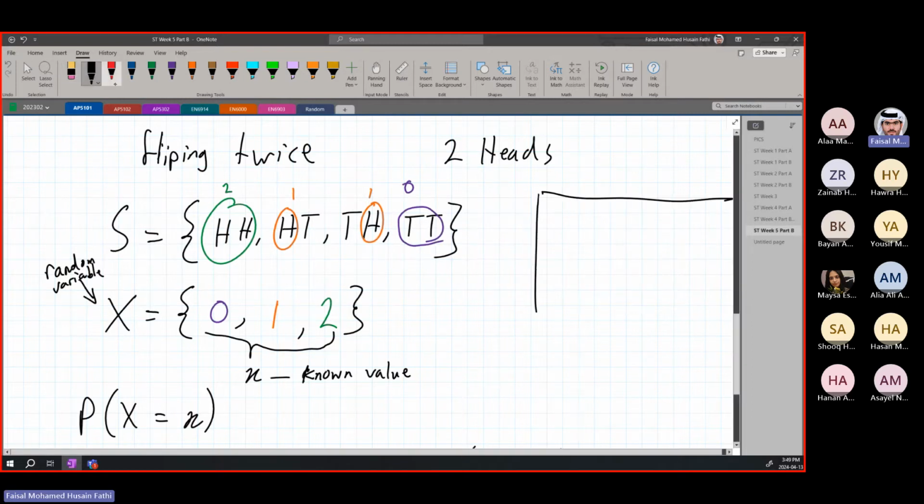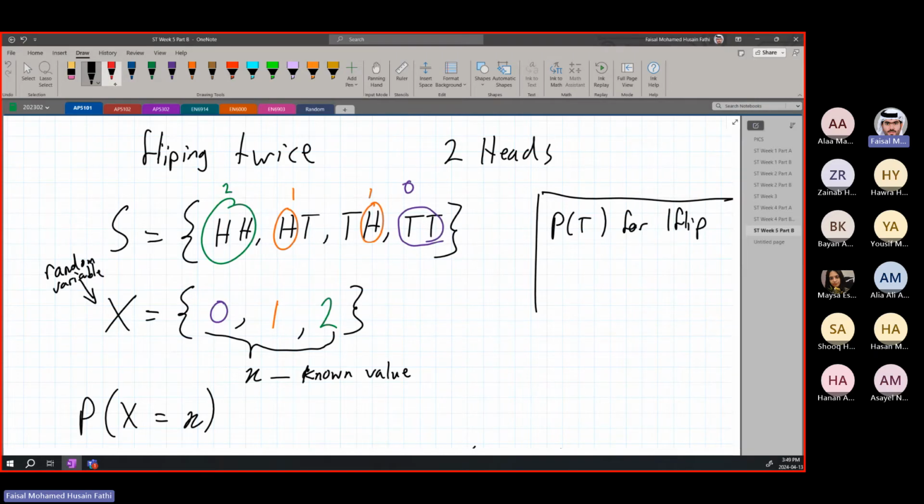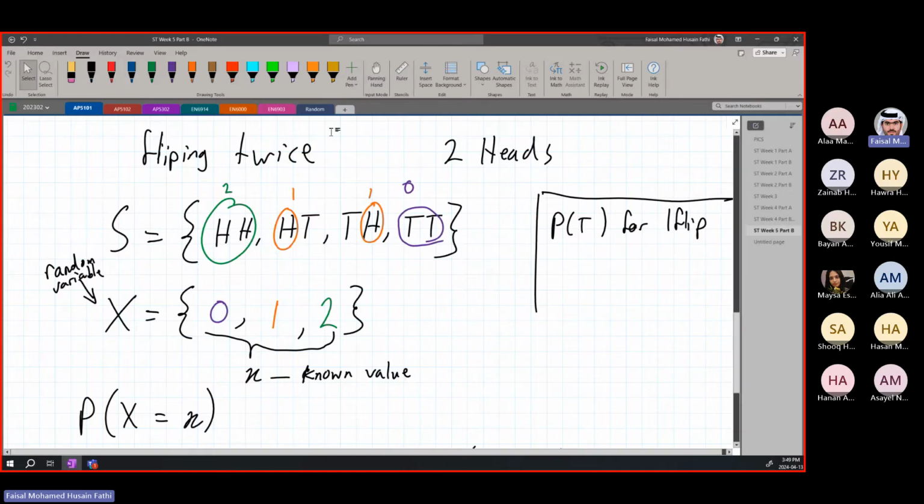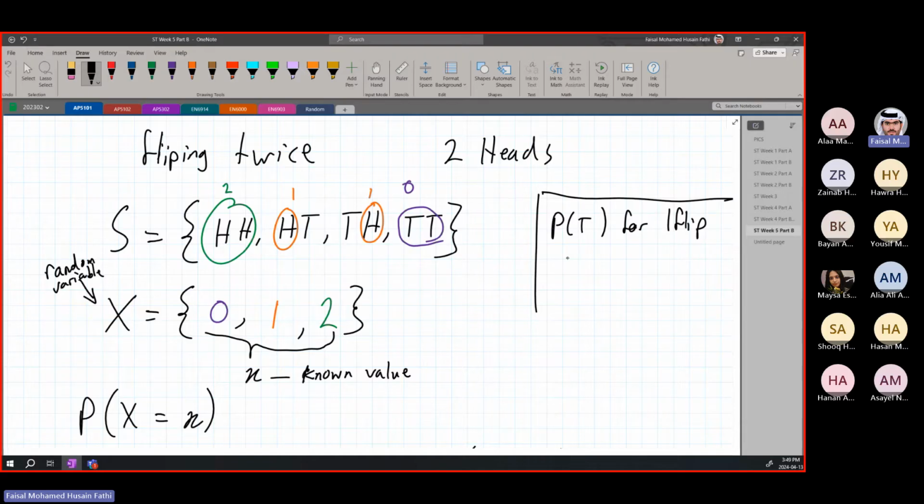So when we're calculating P of T, it's for one flip. That's the whole idea. We're looking at one basic flip, and it doesn't matter if it's happening 10 times or 1,000 times. We're just looking at one flip, and then we're going to use that to determine the probability for any number of flips using the discrete formula. And we will look at that in a bit.